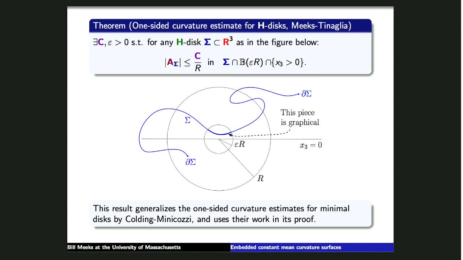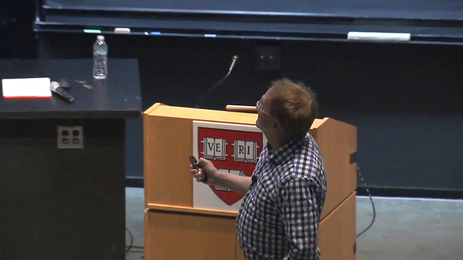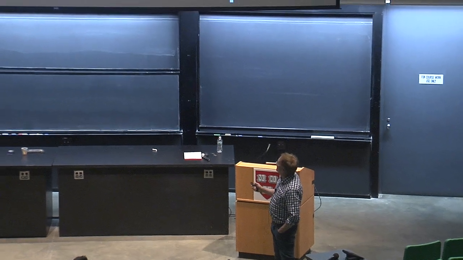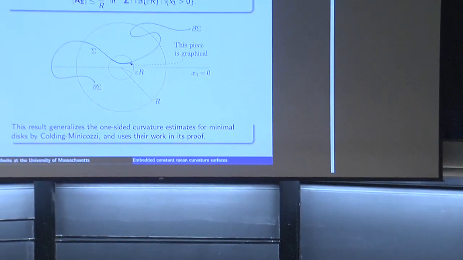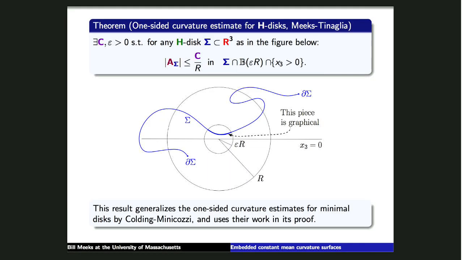And this gives a complete generalization for any mean curvature. Somehow there's a scaling here. So the picture is that you have the boundary. Think of the boundary as outside of a ball of radius r. And then when it comes in, it doesn't maybe intersect this plane here. Anyway, this picture is correct, but it's more general than I just said.